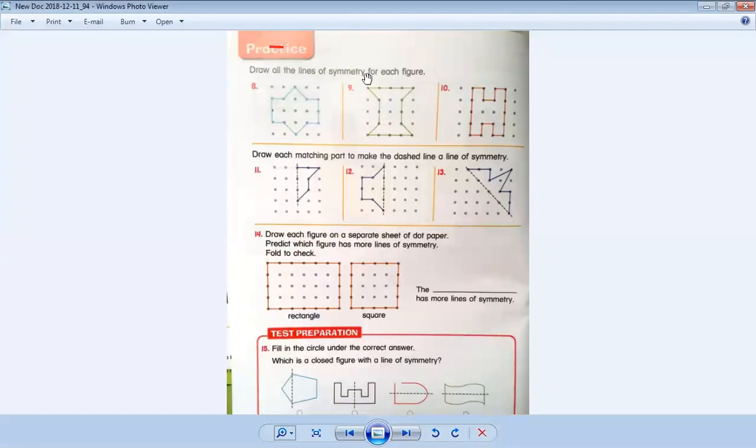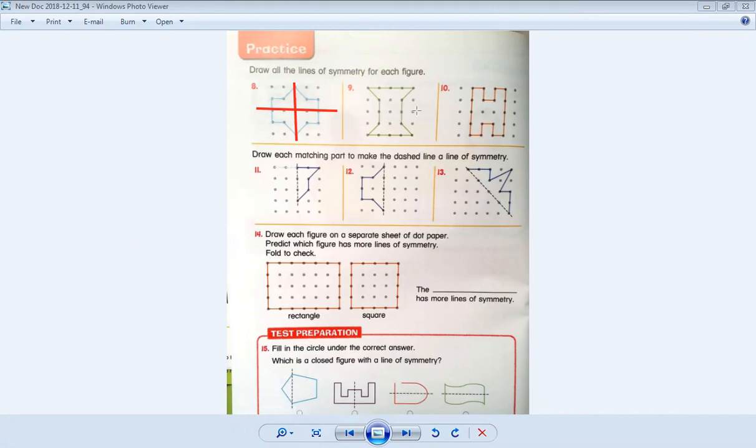Okay, and let's draw here. What do you think? I can draw a vertical line of symmetry, and it divides the figure into two halves and they match exactly. What else? I can draw a horizontal line of symmetry like that, and it divides the figure up and down into two halves and they match exactly, but nothing else.